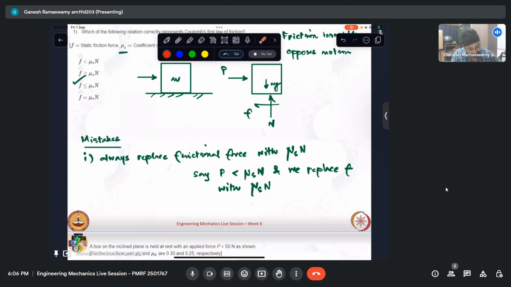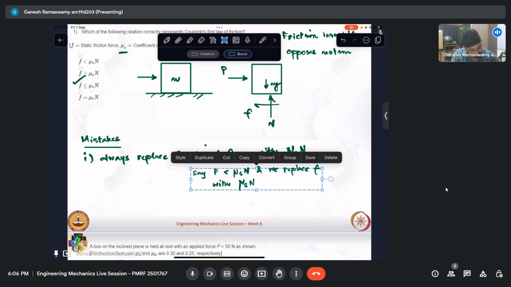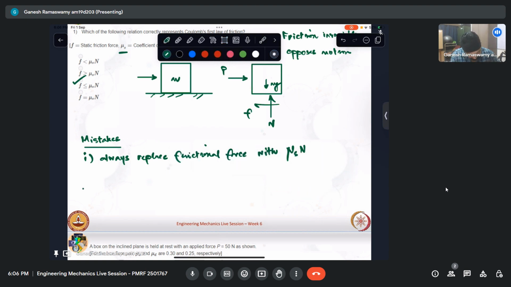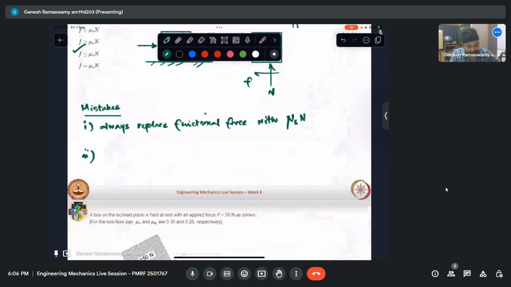Which is why we shouldn't do this. You should always check if the motion is impending and only then replace this.